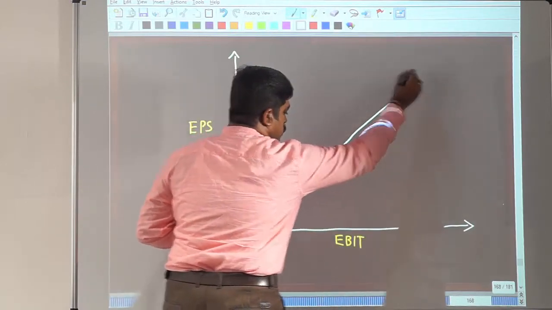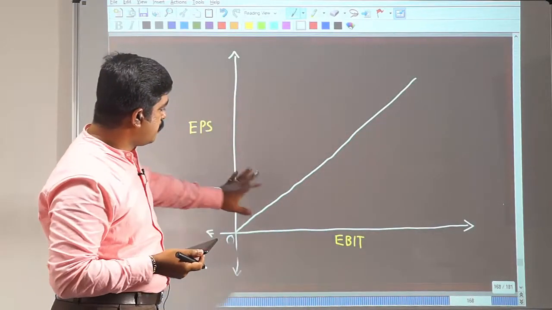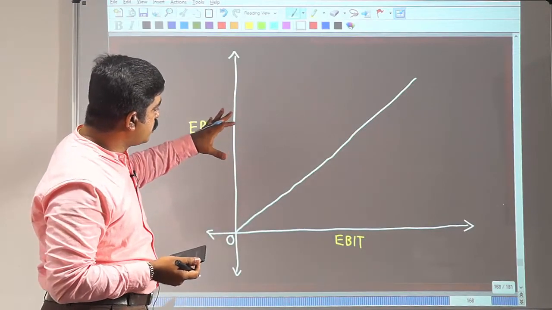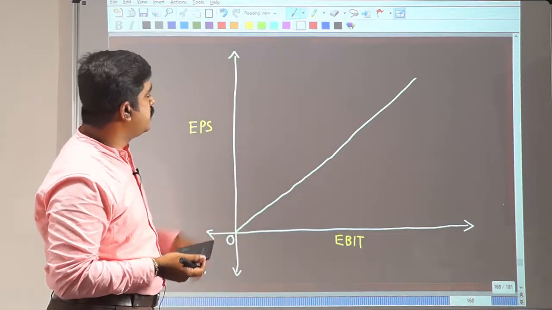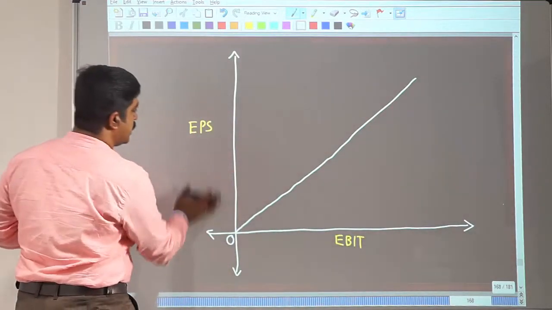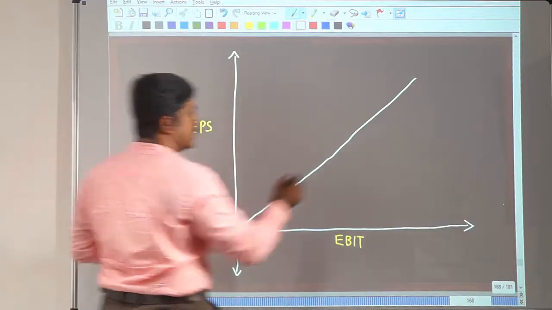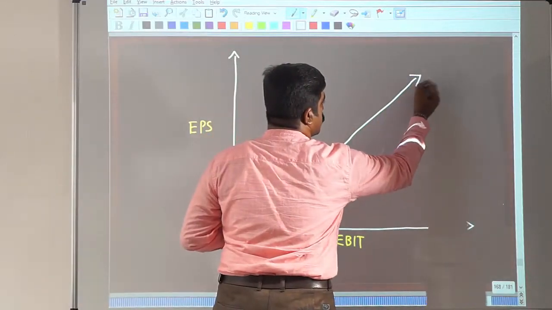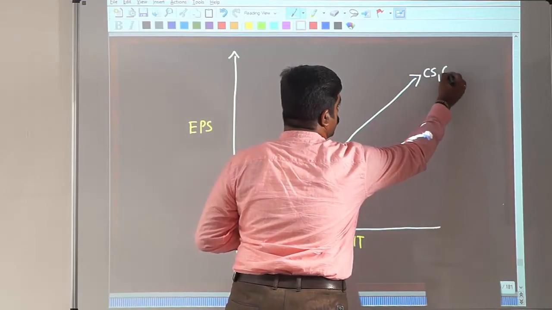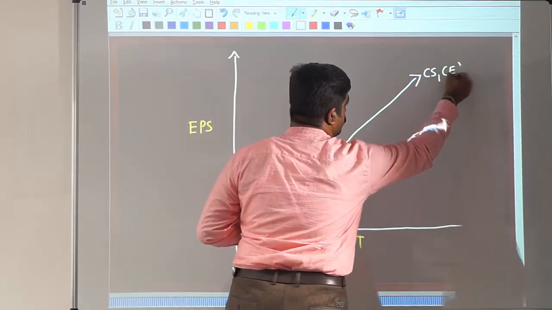So this is my capital structure option 1, or say alternative A, where I'm going to have only equity in my structure. When my EBIT increases, my EPS also increases. I'll call this capital structure 1, where I'm going to have only equity.